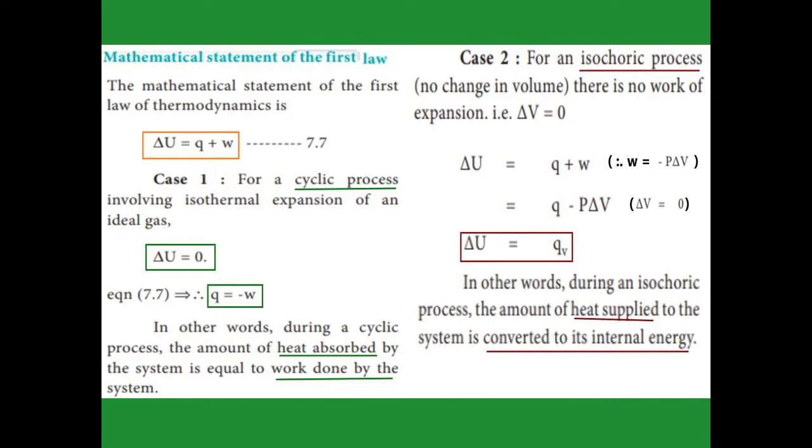And case 2, isochoric process. Iso means same, choric means volume. So same volume means that initially and finally we have the same volume. So delta V equals 0.